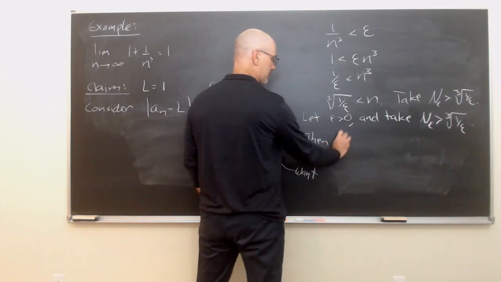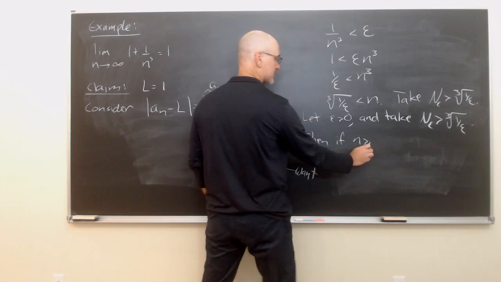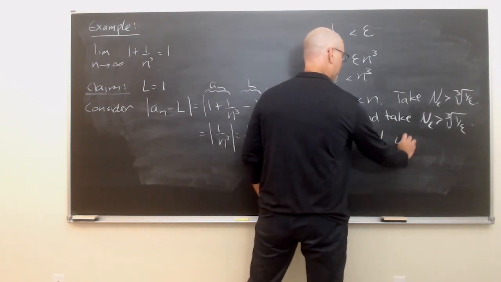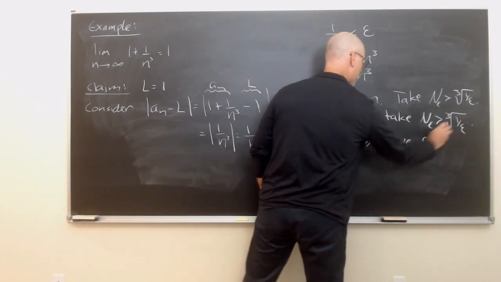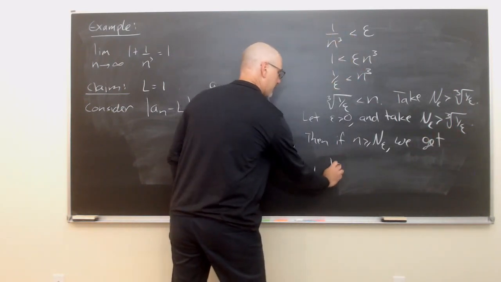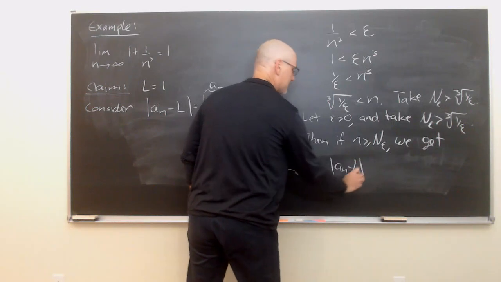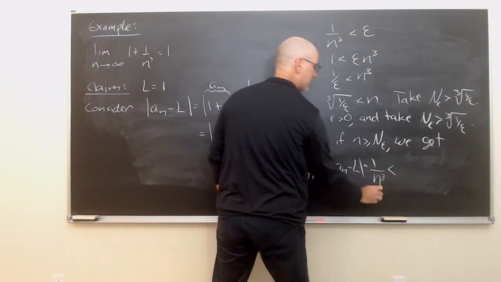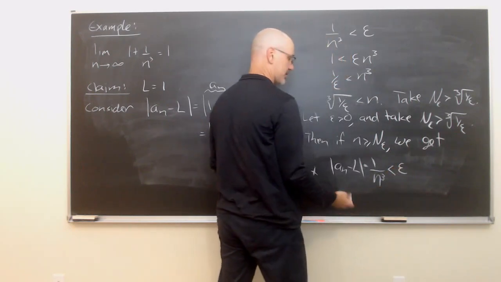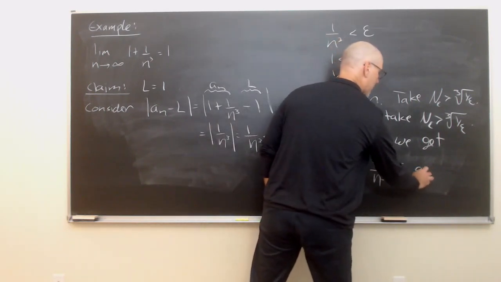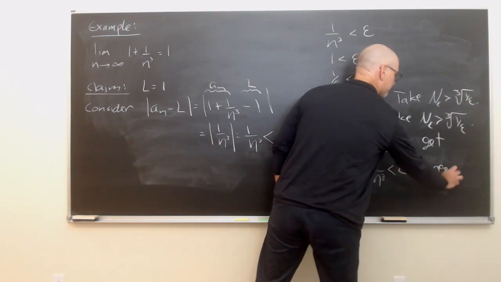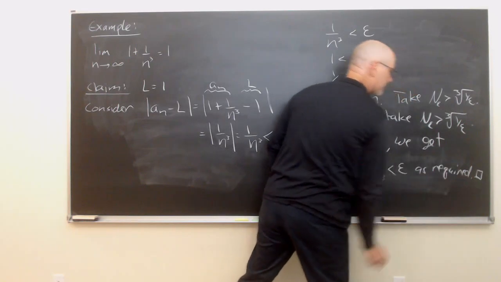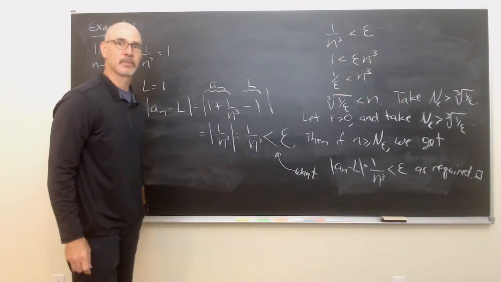Then, if we go out that far in the sequence, we get a sub n minus L is 1 over n cubed, and that's less than our specified epsilon as required. Right, so that completes the proof.